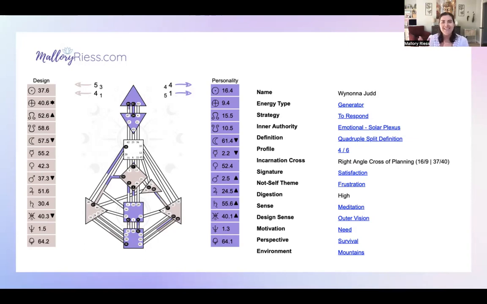Each gate is split up into 6 lines, so it could be 16.1, 16.2, 16.3, 16.4, 16.5, or 16.6. Things can get broken up even further into smaller increments beyond the line, but that's beyond the scope of what we're talking about today.